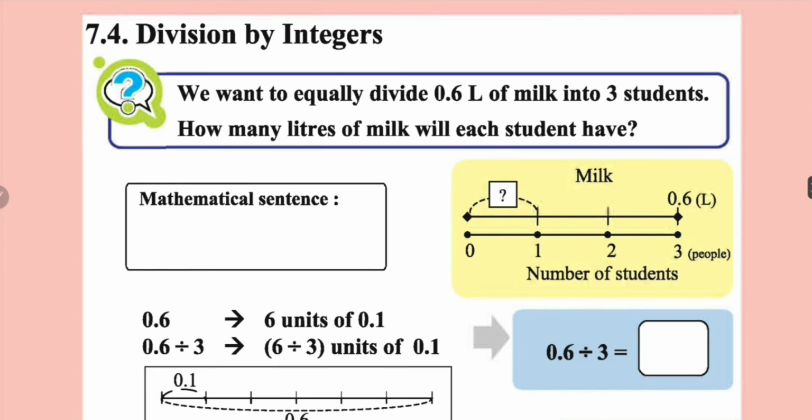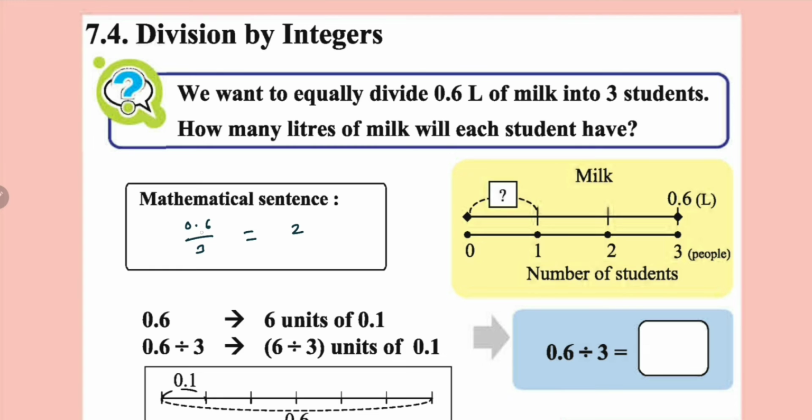Division by integers. We want to equally divide 0.6 liters of milk among 3 students. How many liters of milk does each student have? Very good. What is the mathematical sentence? 0.6 by 3. What is 0.6 by 3? 6 by 3 is 2.